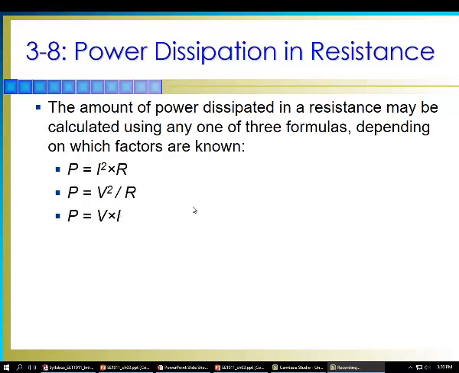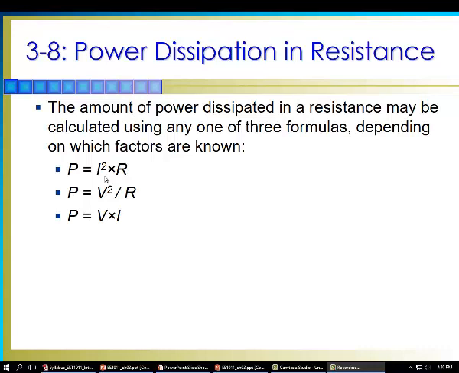From Ohm's law, you remember that the voltage is equal to the current times the resistor. So if we plug in current times the resistor for voltage, we go back to this formula.